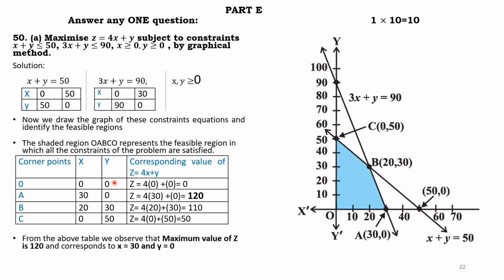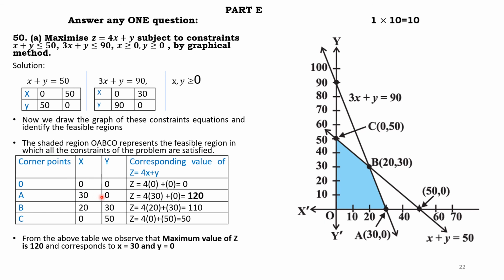When x is 30, y is 0. Therefore, this is point A, and point B is 20, 30. Point C is 0, 50. For these three vertices A, B, C, the values of x and y are given.